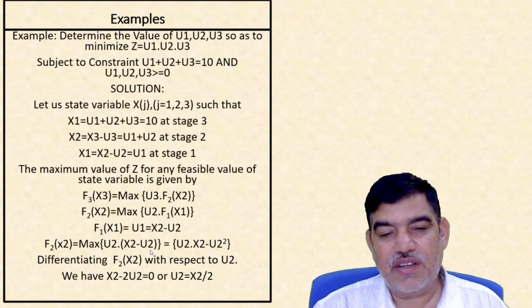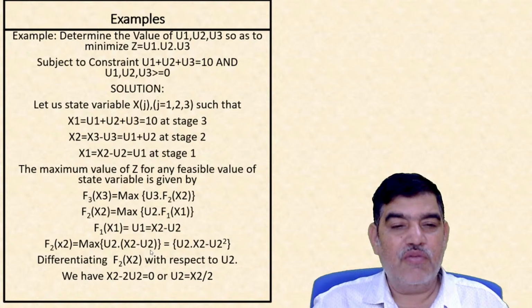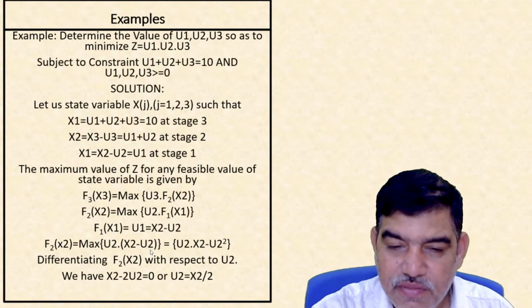Then differentiate f of x2 with respect to u2. If you differentiate f of x2 with respect to u2, we have the equation x2 minus 2u2 equal to 0, or u2 equal to x2 divided by 2.